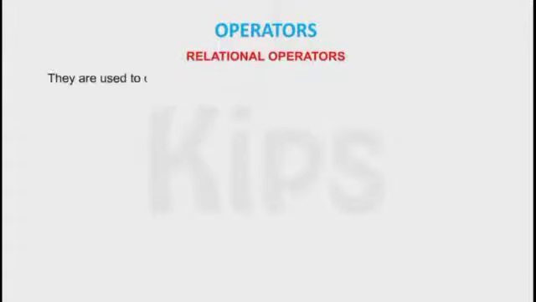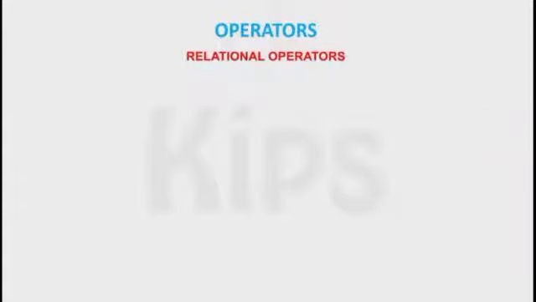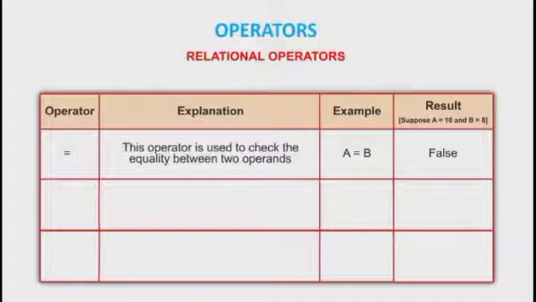Relational operators. They are used to compare two values using any of the given relational operators to form a relational expression. Operator equal to: this operator is used to check the equality between the two operands.